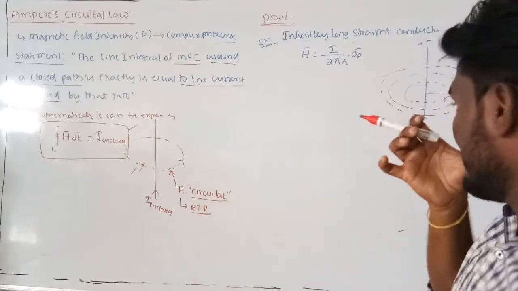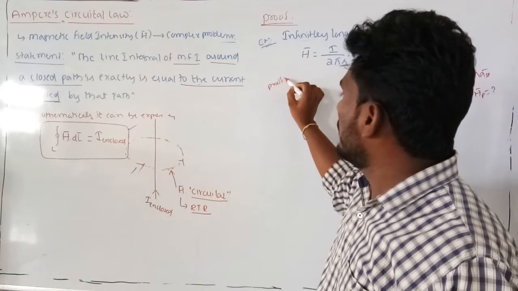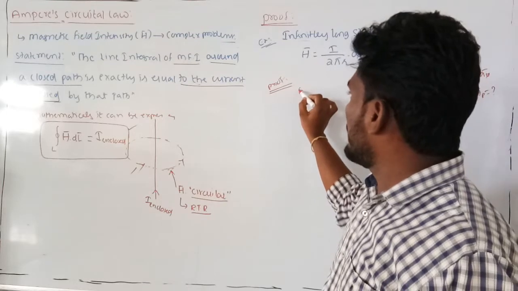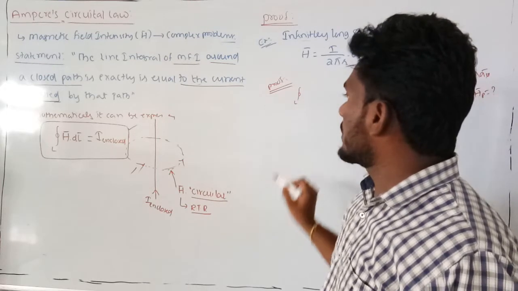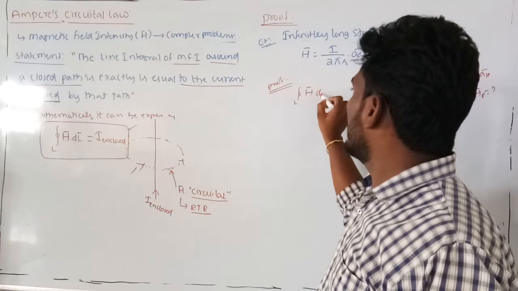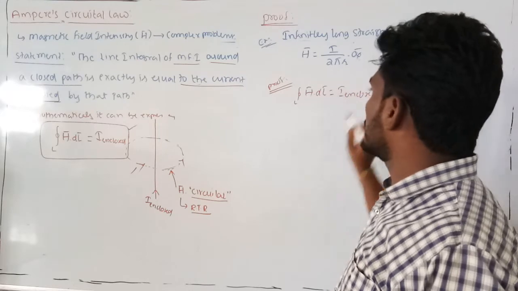Now, for the proof, I am writing the expression of Ampere's circuit law: line integration of H bar dot dl bar equals I enclosed.